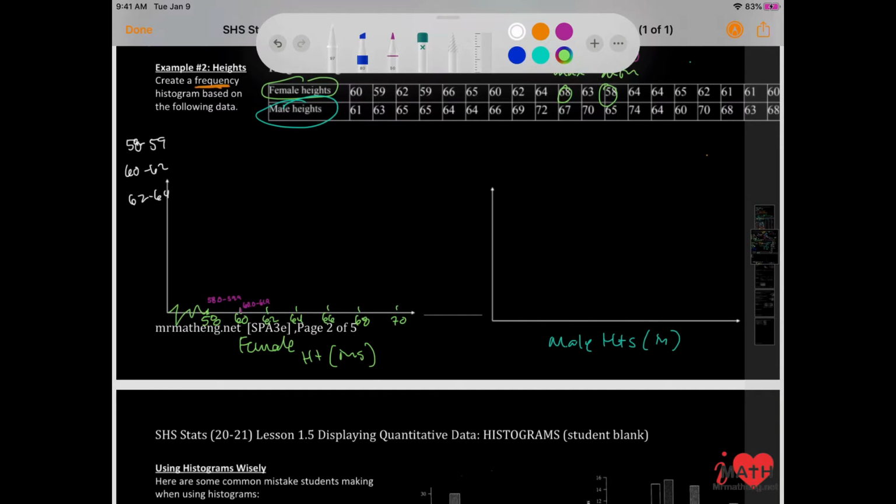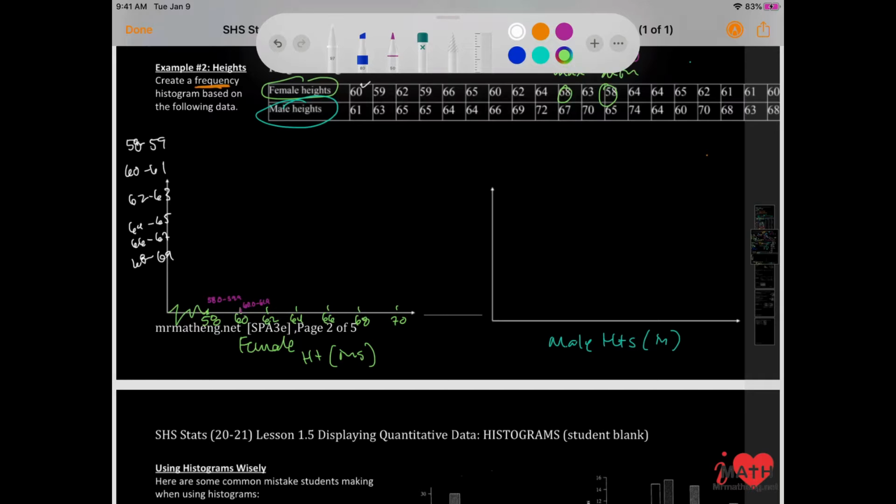And then this is 60 and 61. And then the next one, 62, 63. So they can only have 2 numbers in the bin. 64, 65, 66 to 67, 68 to 69.